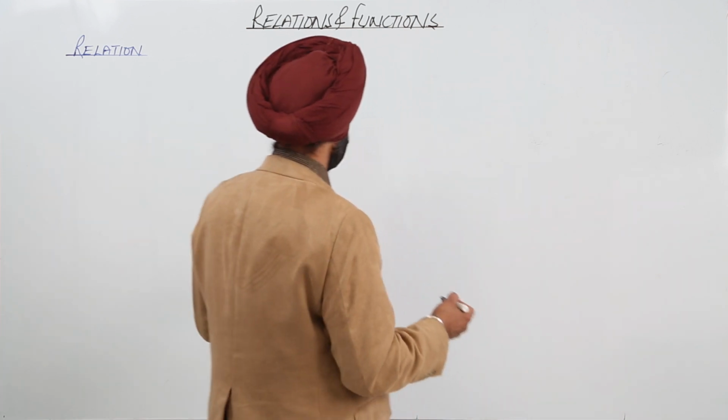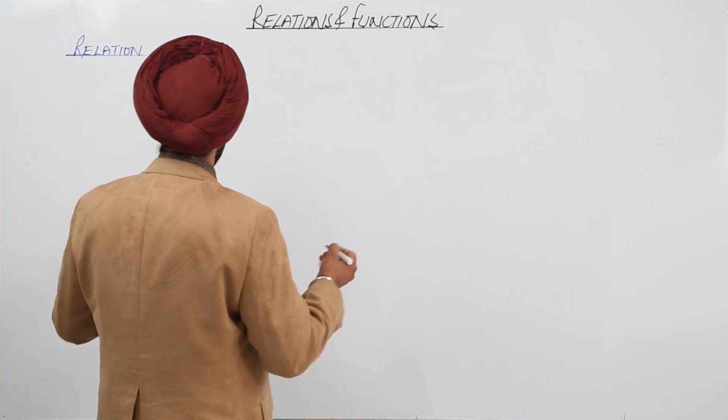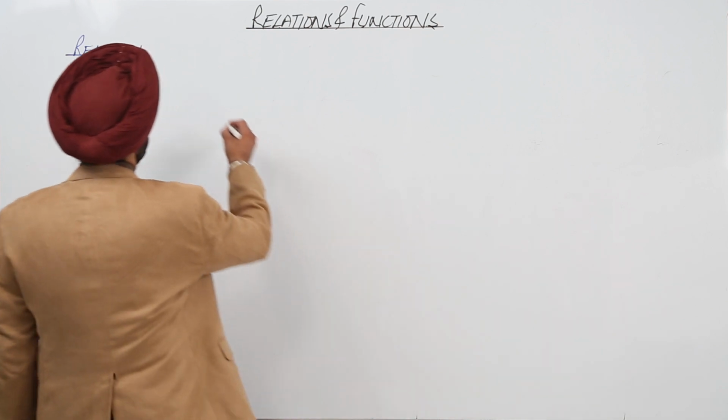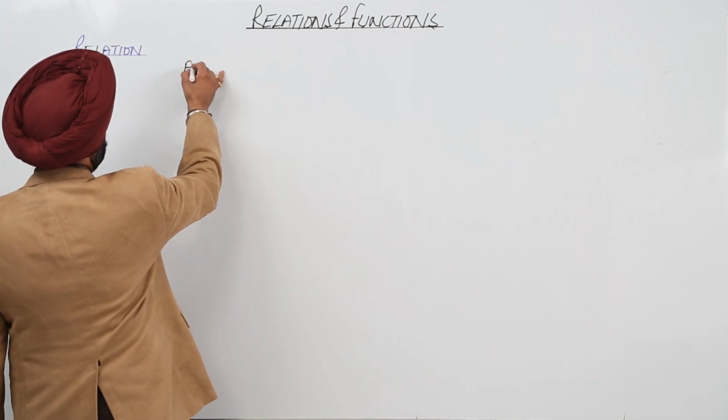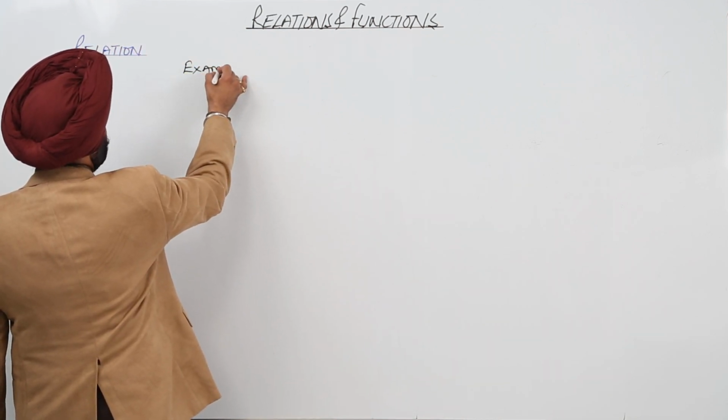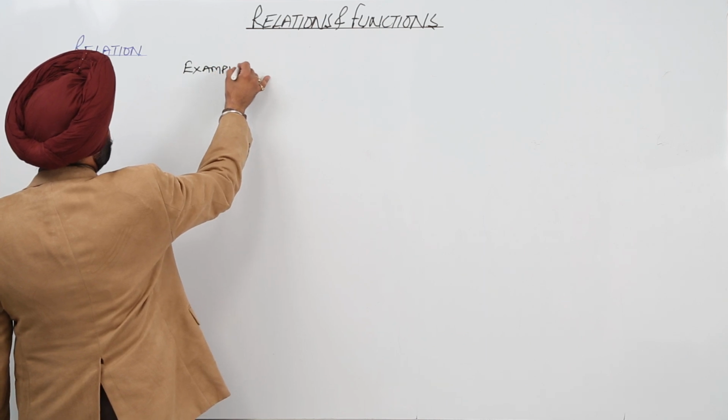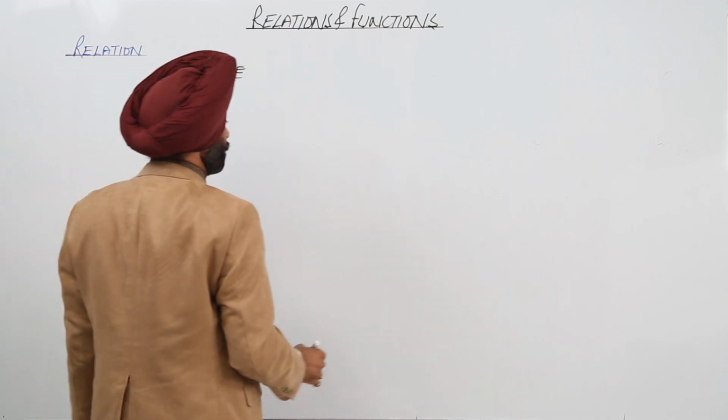So first of all, let's go with a simple example. Yesterday I gave you the example of the country and the currency. Now just look at what I am writing here.